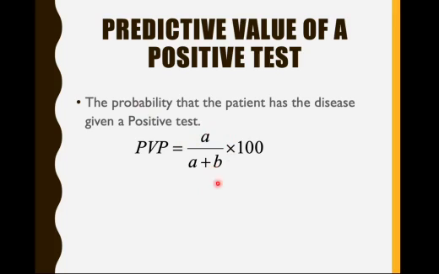Again, when you look at the predictive value of a positive test, I want you to look at the denominator. A and B, as we said a while ago, are people who test positive. So, among those who test positive, how many of them are truly positive? So, that's the predictive value of a positive test.